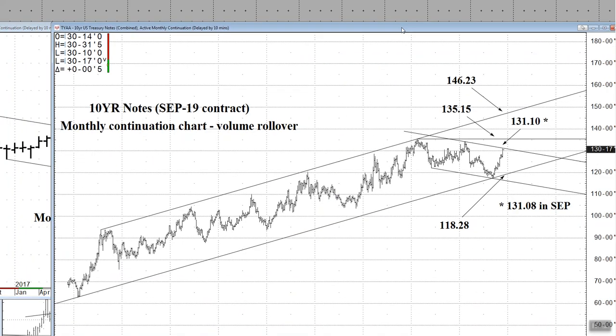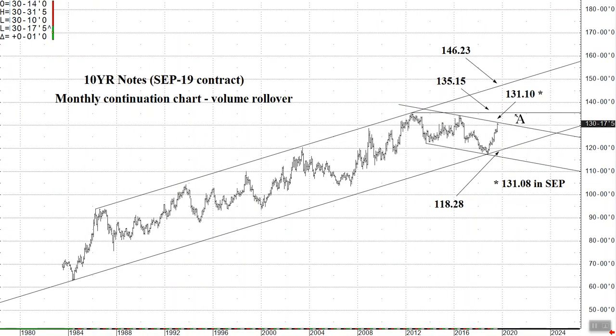Let's go back to the bullish scenario. If we were to settle above 131.10 at the end of August or above 131.08 at the end of September, then we're expecting a retest of that 135.15 high from 2012 within 1, 2, 3 months at the most, where we could double top through the balance of the year.